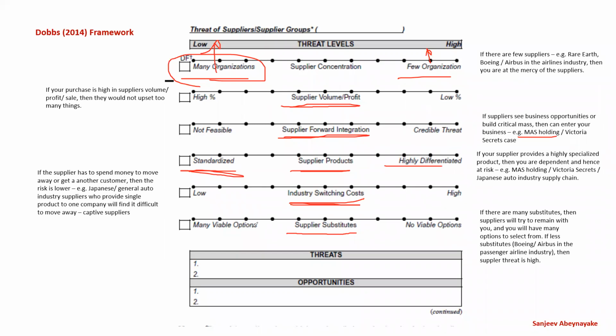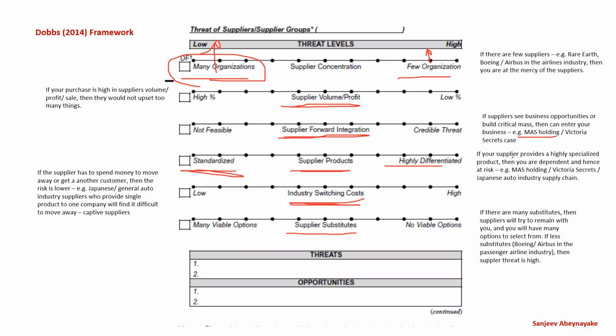So if you are a cocoa supplier, somebody can substitute your product, but it's not that easy. It's not as good as cocoa butter itself. So it is a viable option, but not easy, and as a cocoa butter supplier, you will have some power. So, can your product be substituted? That's what we mean by supplier substitution.